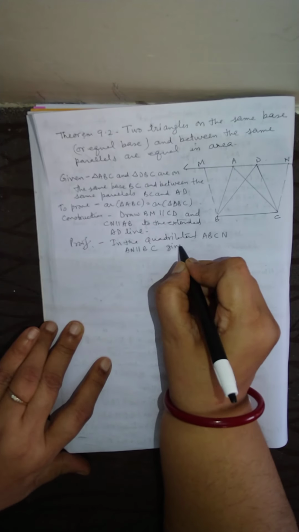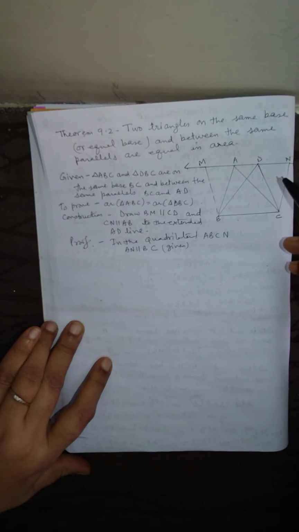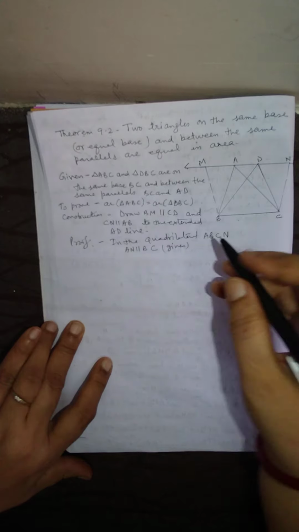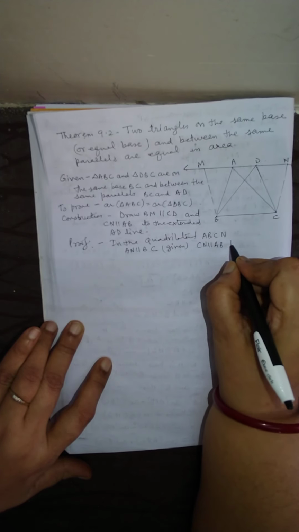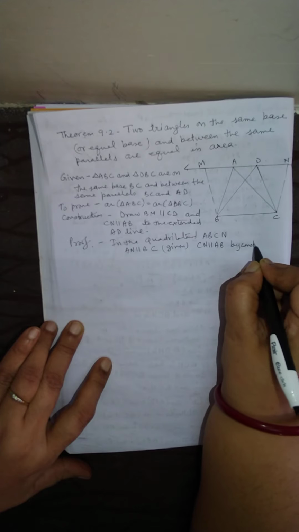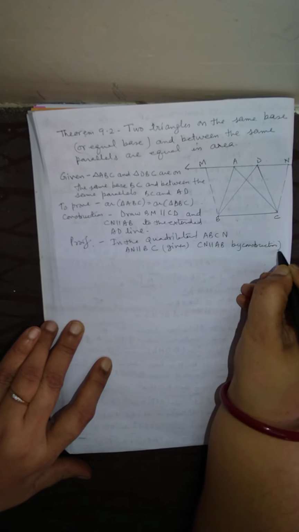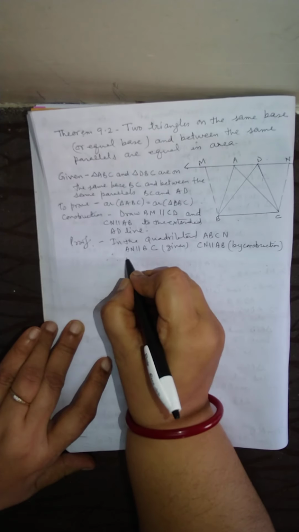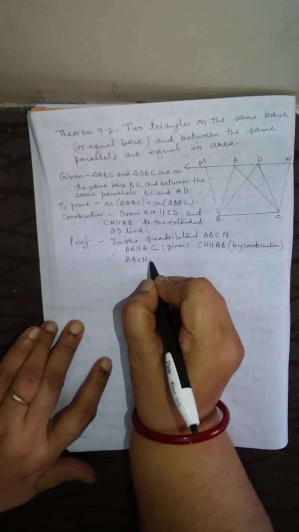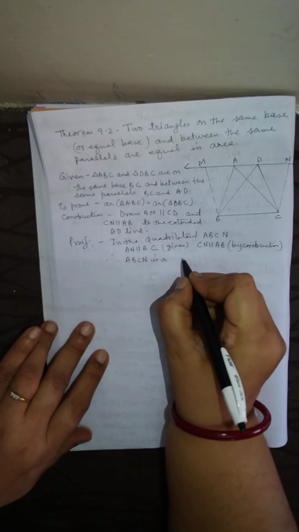This is given. And CN is parallel to AB. That is by construction. Therefore, ABCN is a parallelogram.